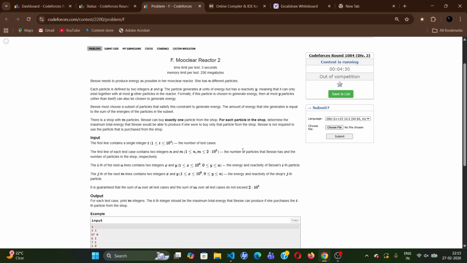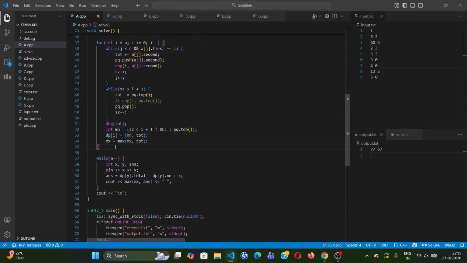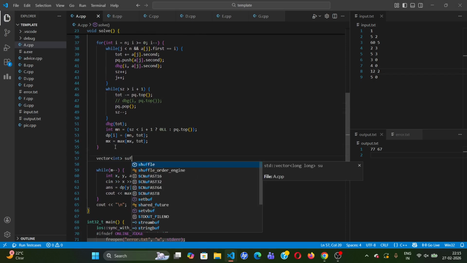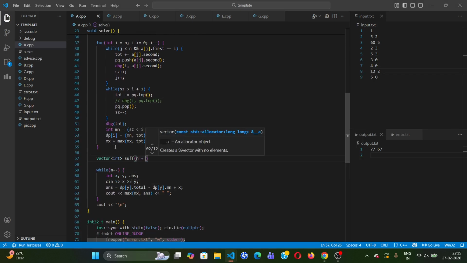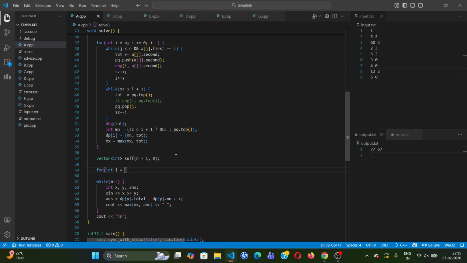So the TP of I total minus min, that will be maximized. Okay, suffix. So it will be prefix.